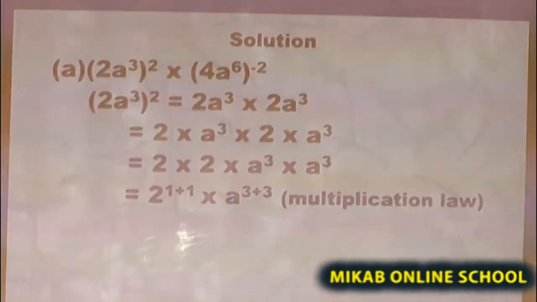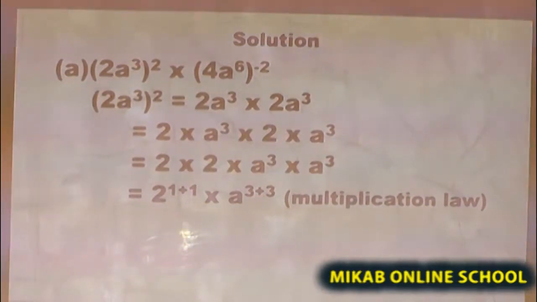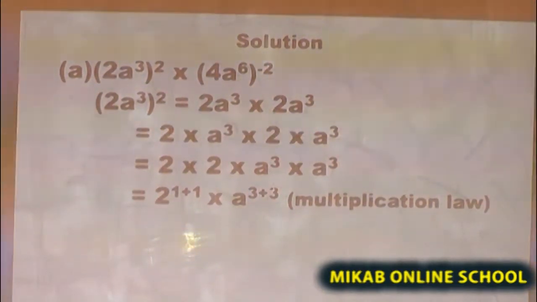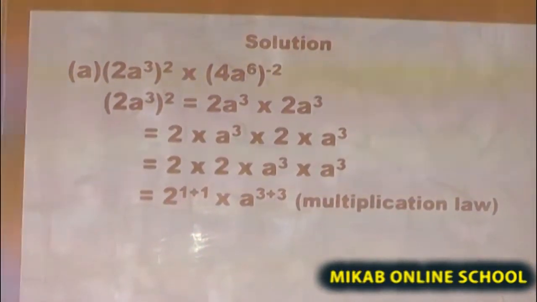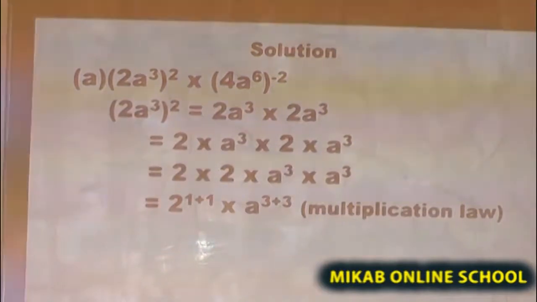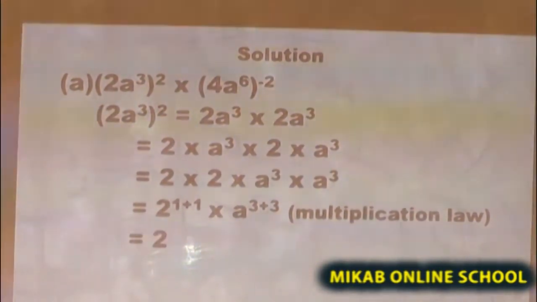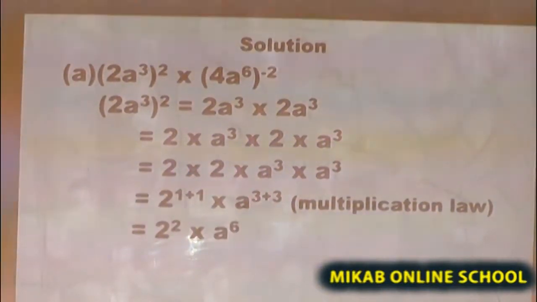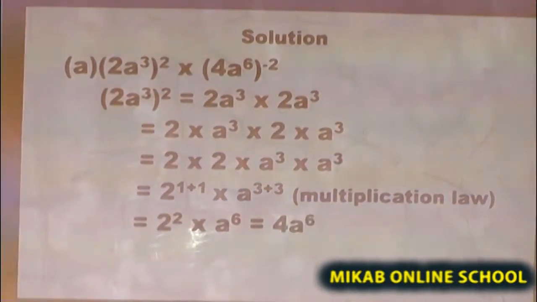So the expression will now be 2 raised to the power of 1 plus 1 multiplied by a raised to the power of 3 plus 3. And 2 raised to the power of 1 plus 1 is going to be 2 raised to the power of 2, times this a raised to the power of 3 plus 3, which is going to be a raised to the power of 6.